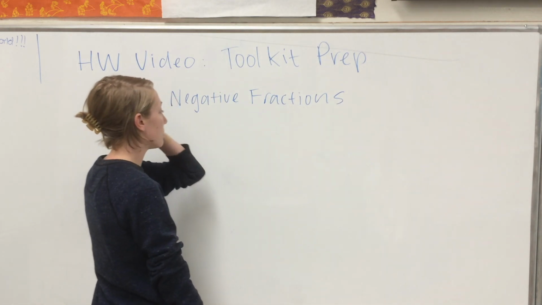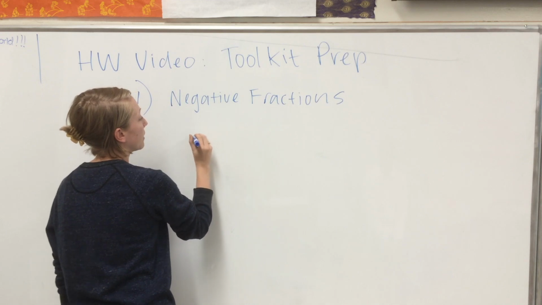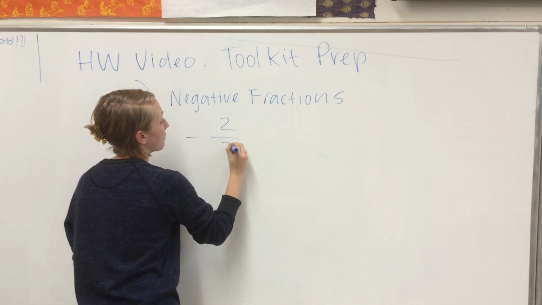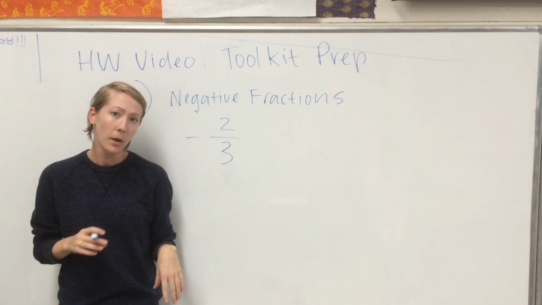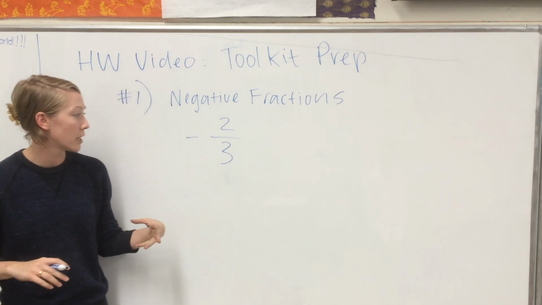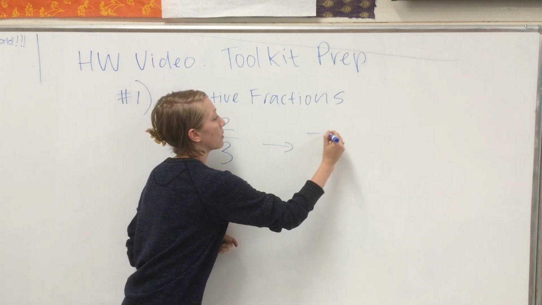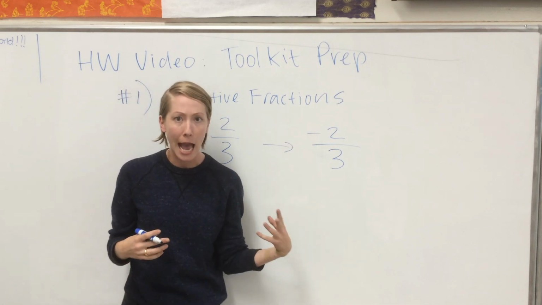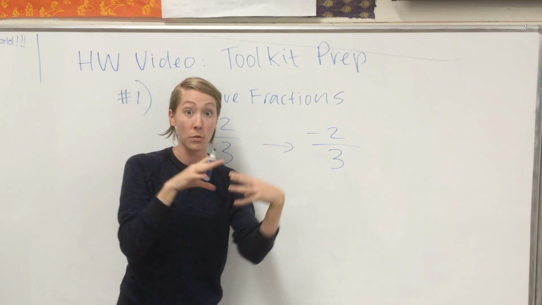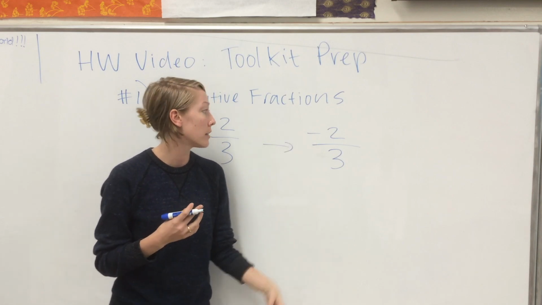So a negative fraction can often appear looking like this, with the fraction piece, and then the negative is floating out in front of it vaguely. So when we work with negative fractions, we want to assign the negative to the numerator piece of our fraction. That's the piece that we combine and add when we have more than one fraction. So it's important that the negative sign stays with it to be accurate there.